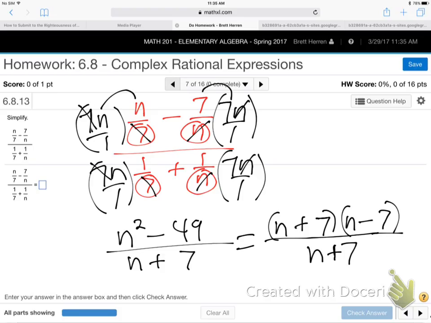Then the n plus 7s cancel, and we're left with n minus 7. Just like that. It's in the numerator, so you can just leave it like a whole number, doesn't even need to be a fraction anymore. Good with that? Questions on that? No questions? We all good?